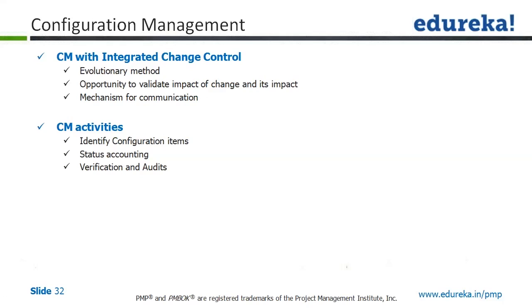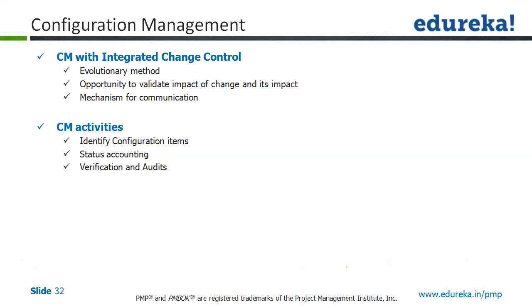So we heard about configuration management. Once we are doing a change, we'll also have to look at the various mechanisms and opportunities to ensure this change does not impact the other activities, and if it does, we have to replan those activities.